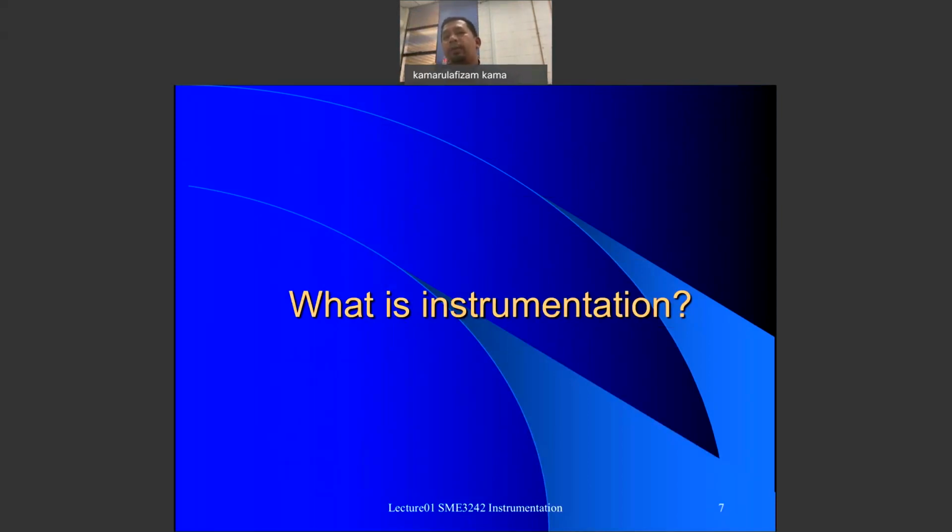All right. But to be able to achieve measurement, in order to measure something, we need what is called instrumentation, the instrument.